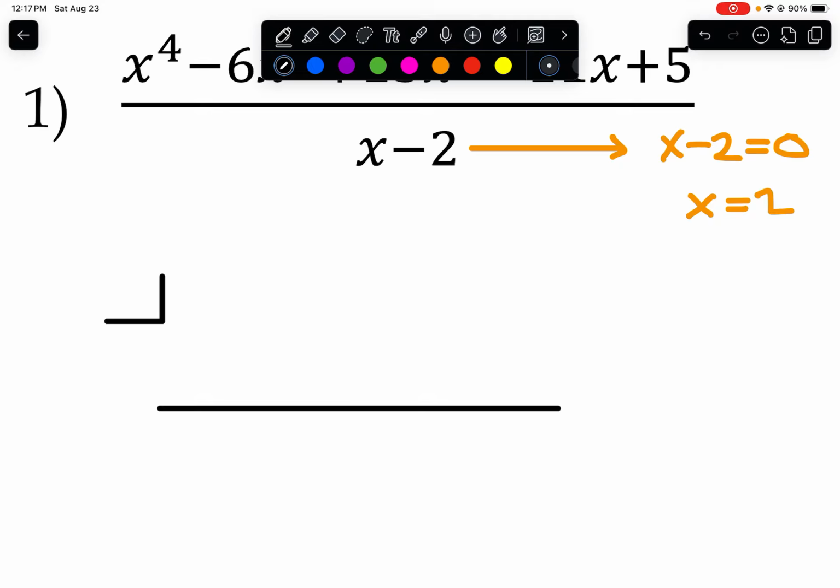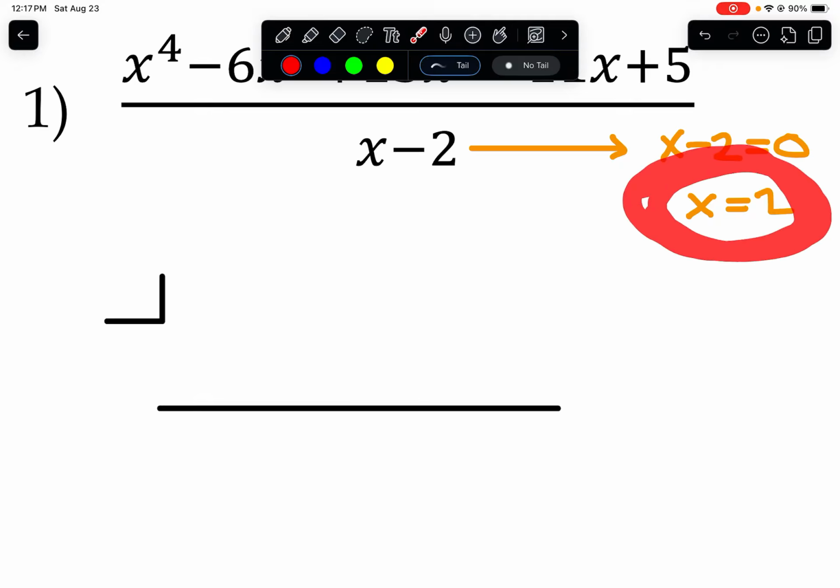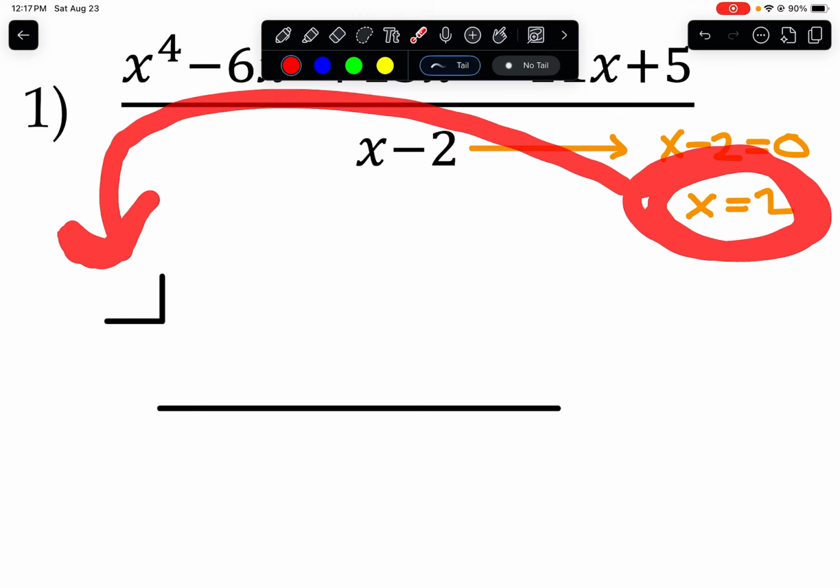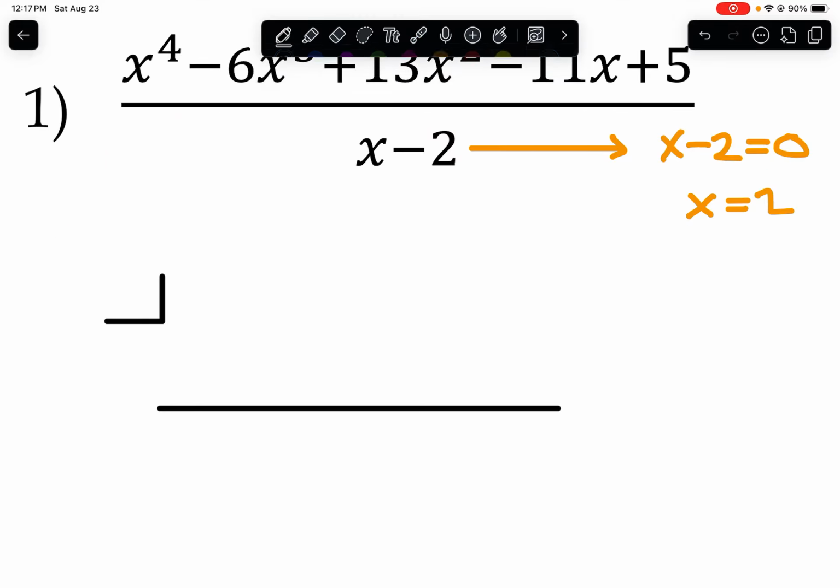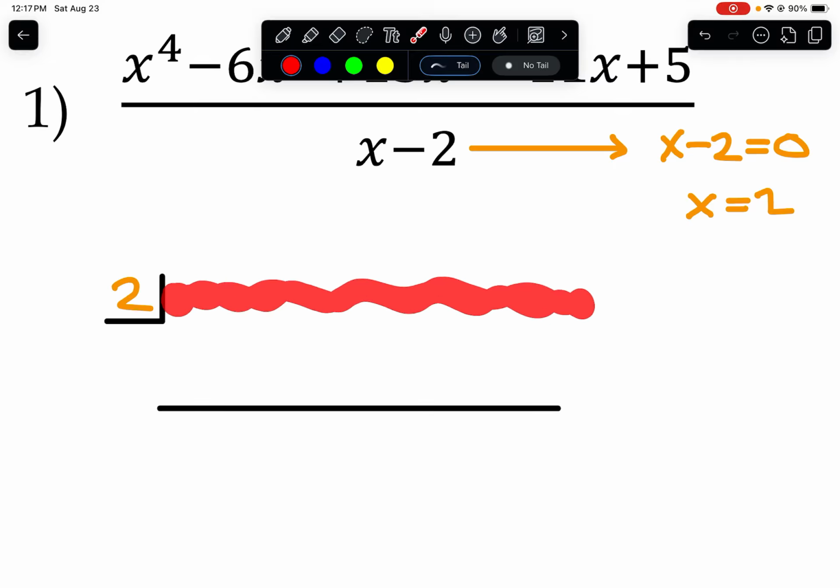So my setup is going to look something like this. The number that we get when we set the divisor equal to 0, that's the number that you're going to write in this little corner over here. So I'm going to take that 2, just as is, and write it over here. And then across the top adjacent to that 2, you're going to be writing the coefficients only of your dividend.